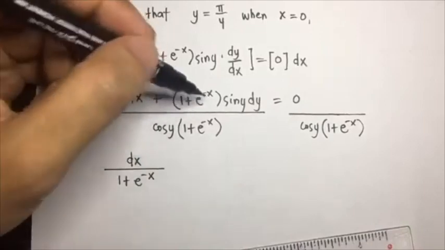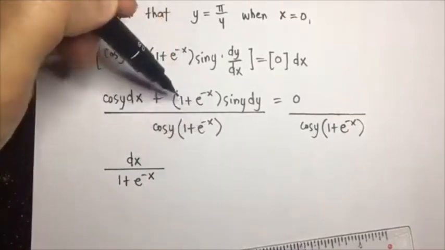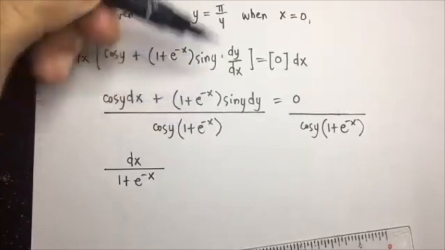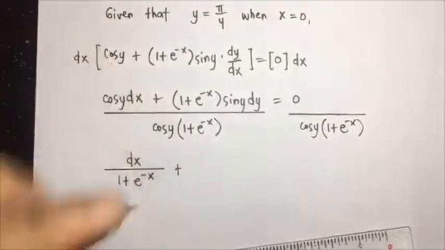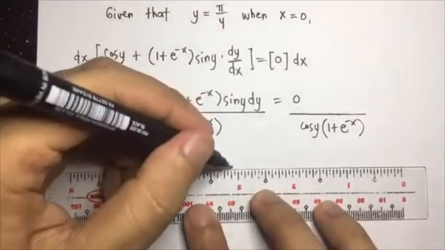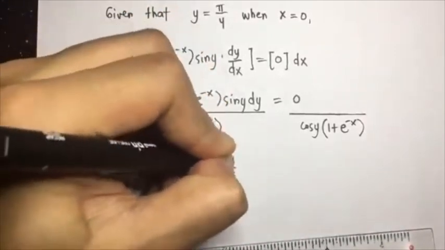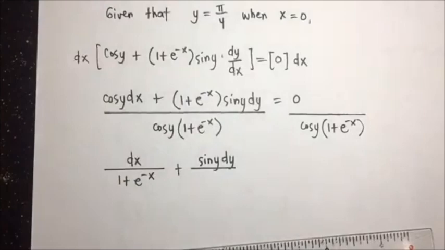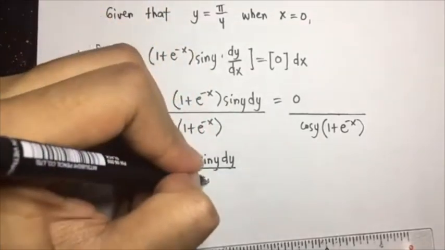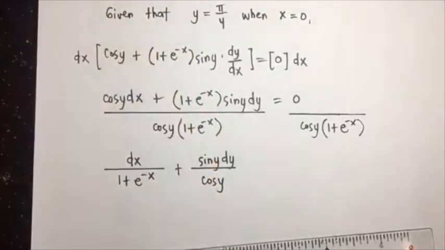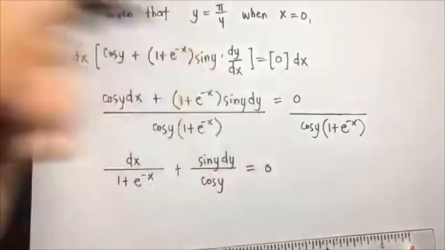On the other side, we can cancel out the factor 1 plus e to the negative x, so what will remain is plus sine y dy over cosine y, is equal to 0.